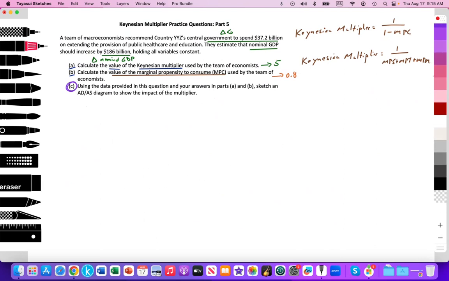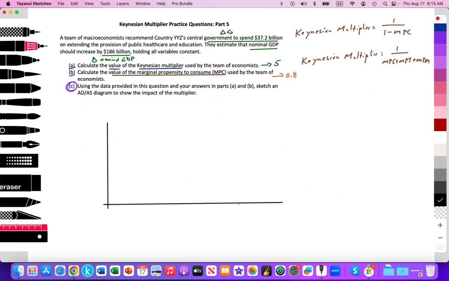So we're going to create our X and Y axes. Here's our y-axis. Here's our x-axis. We're going to label the y-axis our price level. The IB evaluator will be checking to see that you've fully labeled your model.